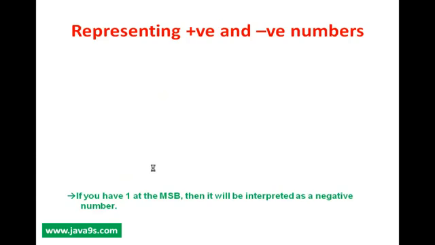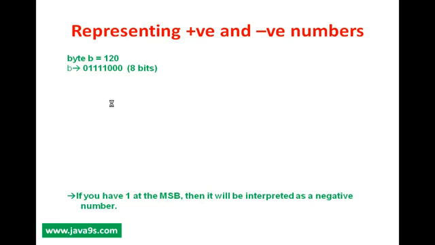So at the end of this session we should also know how Java actually represents positive and negative numbers. When it comes to positive numbers, a direct binary conversion is done and it is stored directly into the variable.